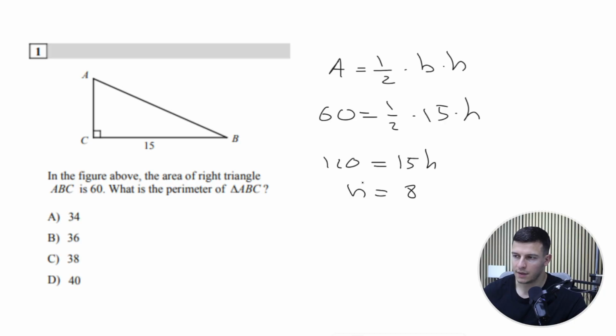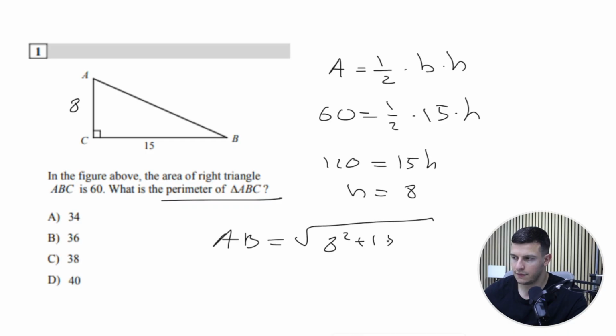We're not done, because they're asking for the perimeter of ABC. We know this is 8, this is 15, so AB, based on the Pythagorean theorem, is, well, let me write it actually, equal to the square root of 8 squared plus 15 squared. That's going to be, if I'm not mistaken, 64 plus 225, which is 289.